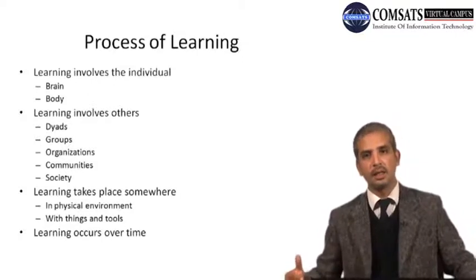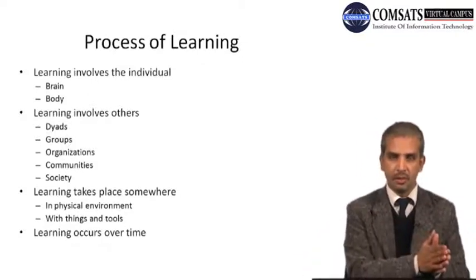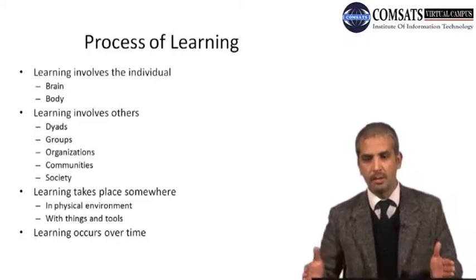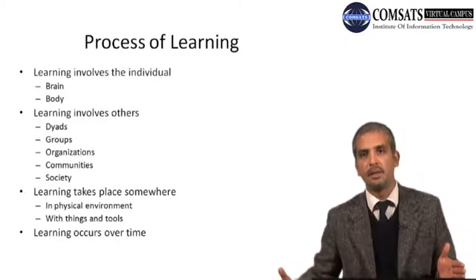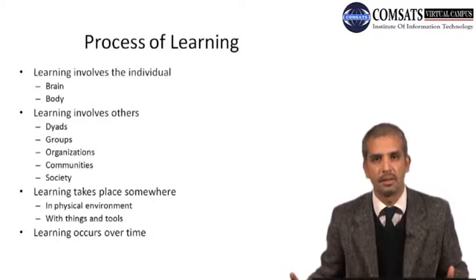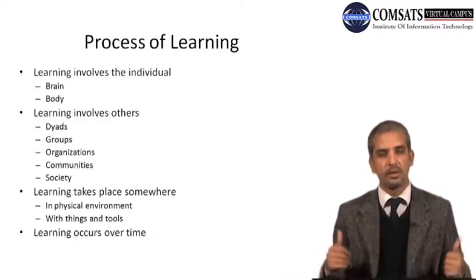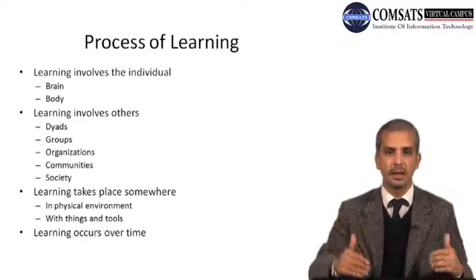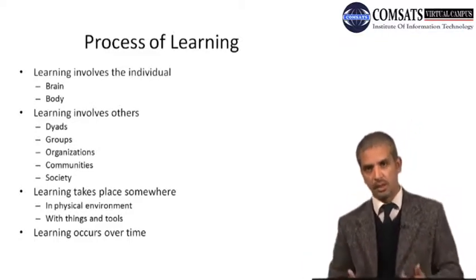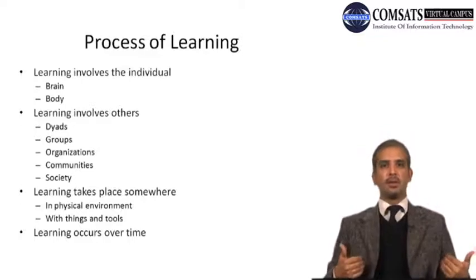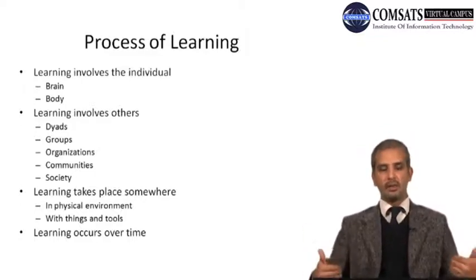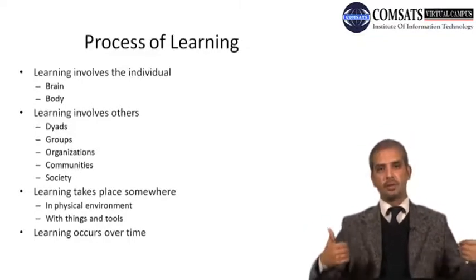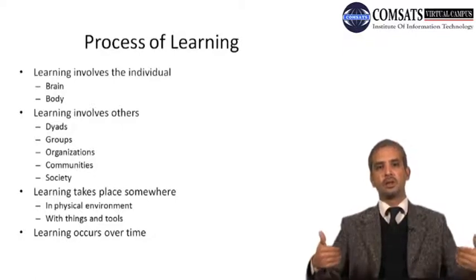So learning is the process in which you go through time and you learn stuff from the environment. So in other words, learning is a process. I hope I have made myself clear that learning is a process. It starts from the individual, who has a functioning brain and body, and that functioning brain and body is a part of a society or a culture or an organization or a community.